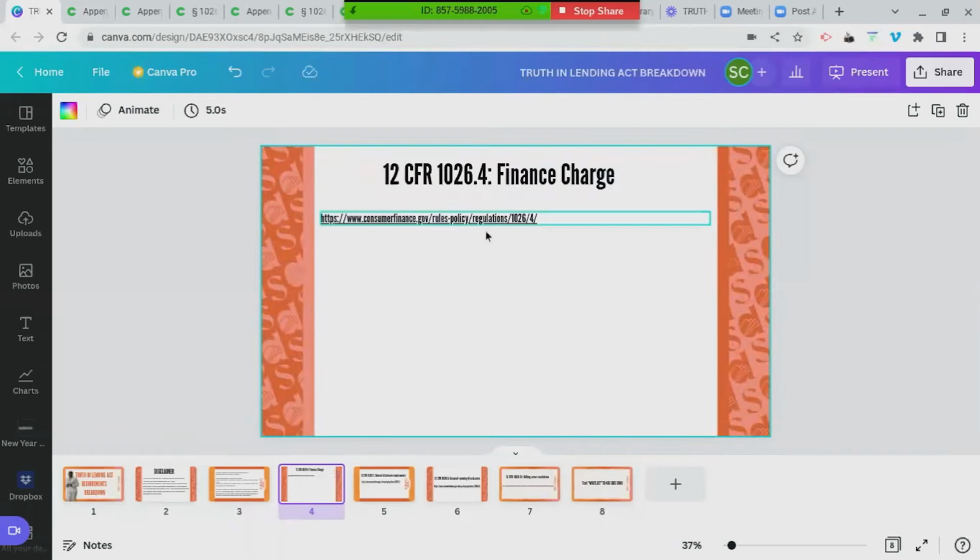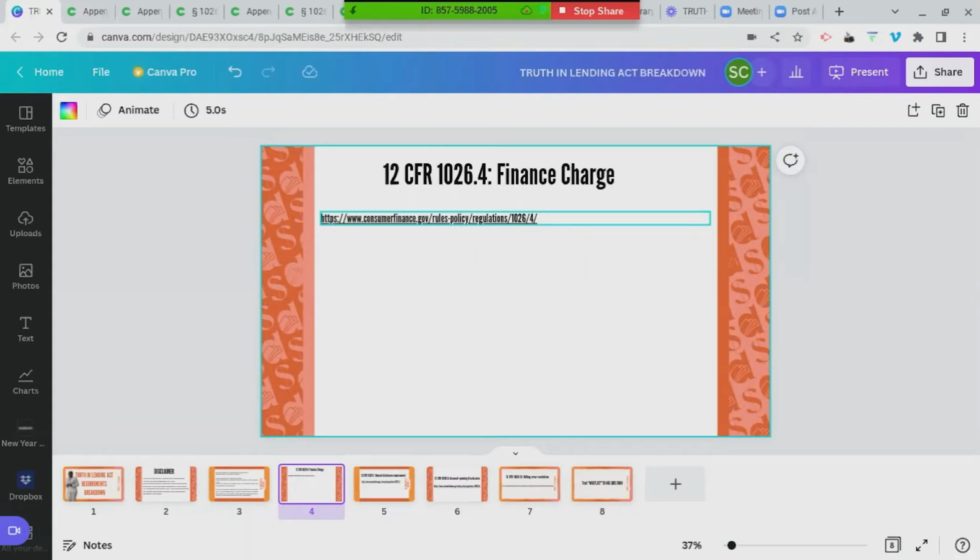With the Truth in Lending Act, the creditors that are defined under 15 USC 1602(g), that I just showed you, are typically your financial institutions such as banks, credit unions, and sometimes servicers of loans.